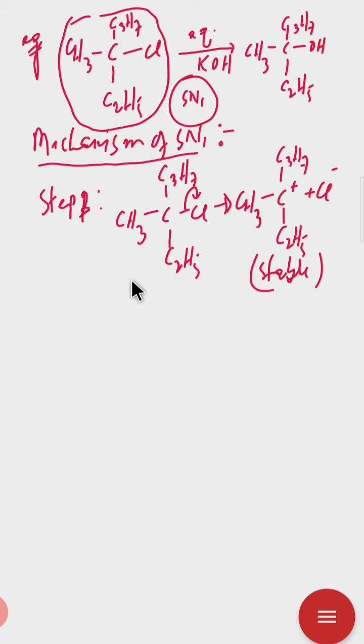Let me give one more example in which the SN1 reaction can take place. This is an important question which had been asked in the council exam also. This is benzyl chloride. This is a primary carbocation. This is a tertiary carbocation. In a tertiary haloalkane, the reaction will take place through the SN1 mechanism, as a stable tertiary carbocation is formed.